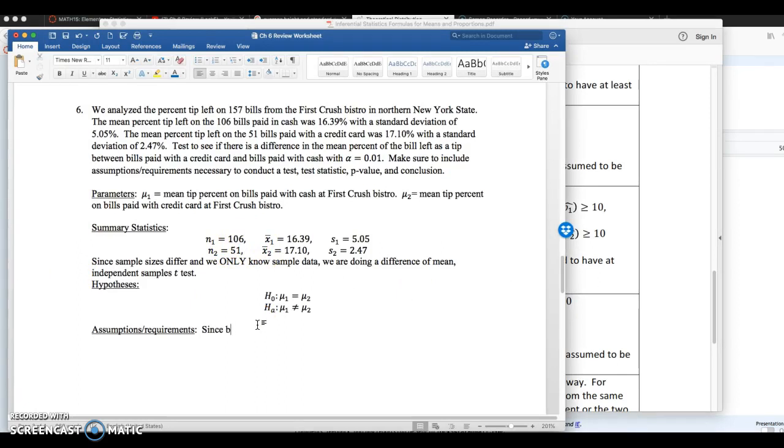Since both sample sizes are bigger than 30, they are 106 and 51 respectively, the requirements are met. Okay, got that part done. And now we need to look at our test statistic.